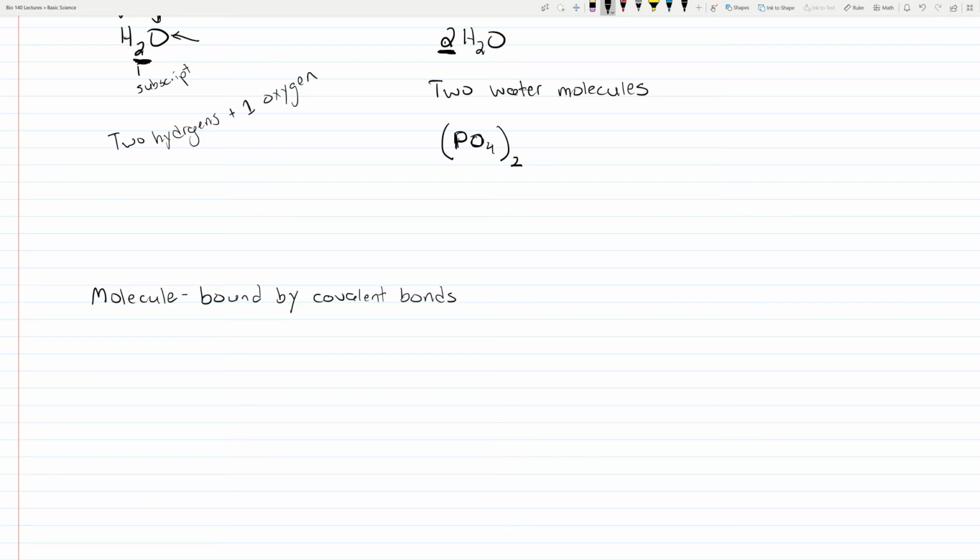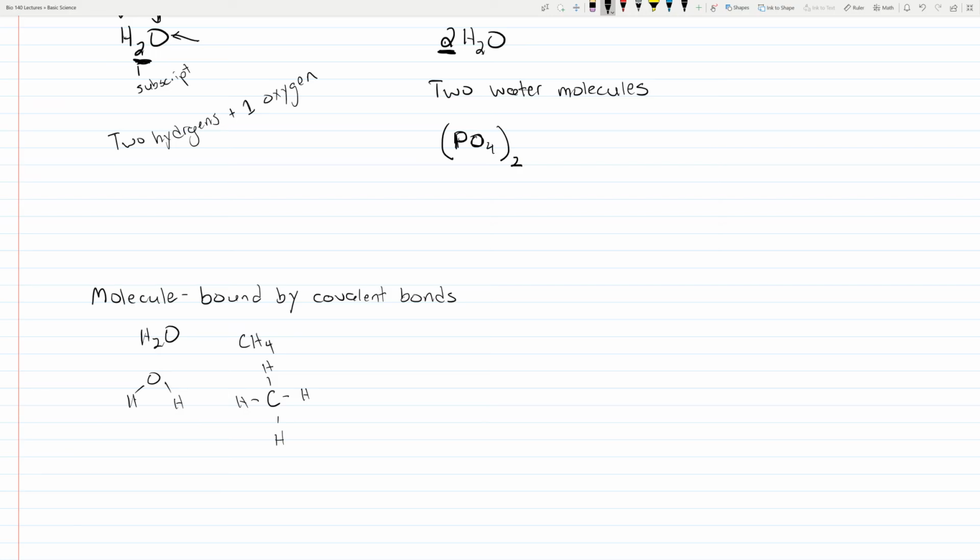Okay, they're bound by covalent bonds. So H2O, basically that's water. CH4, that is carbon with 4 hydrogens on it. Those are covalent bonds.